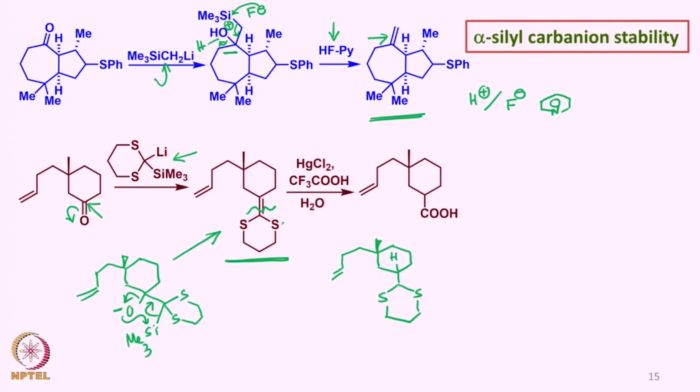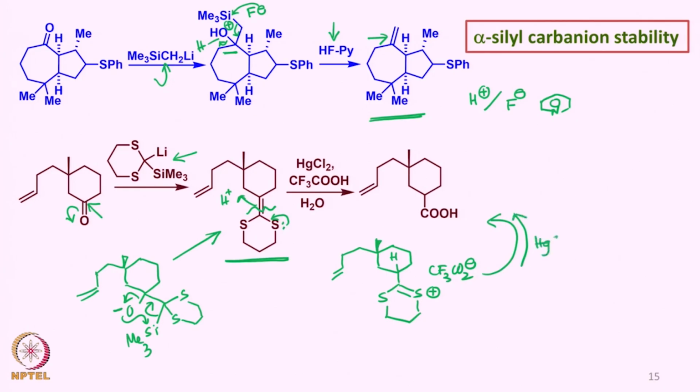So you have a lone pair of electrons here that gives the protonation, the proton reacting with this, and you generate a positive charge here, and of course CF3CO2 minus. This then undergoes hydrolysis in the presence of mercuric chloride and water.